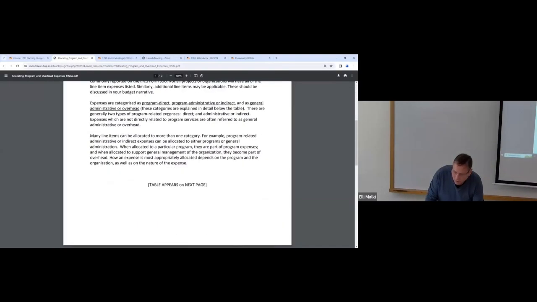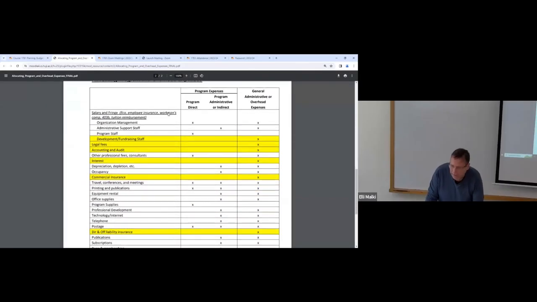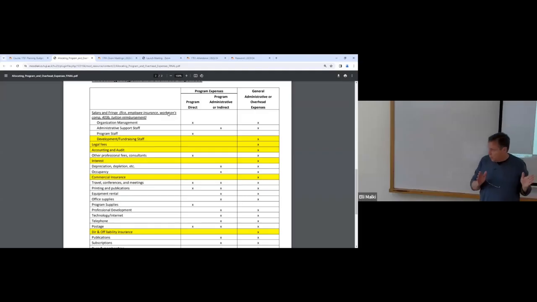These are the instructions of a certain foundation in the United States, and you can see here program expenses, which are divided into program direct. In our economic map, these will be the costs that will be allocated to the program. Program administrative or indirect: these will be the expenses that in our economic map will be under infrastructure.